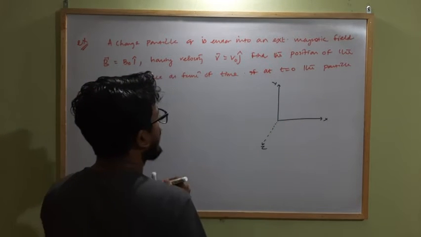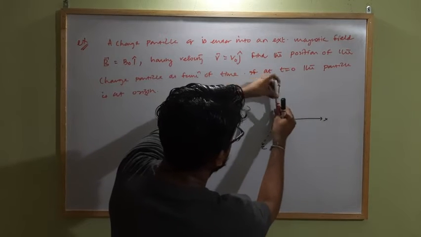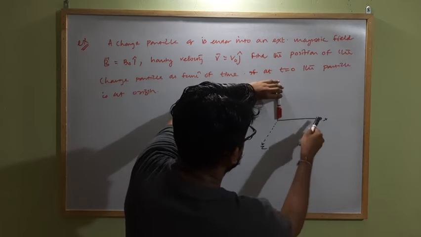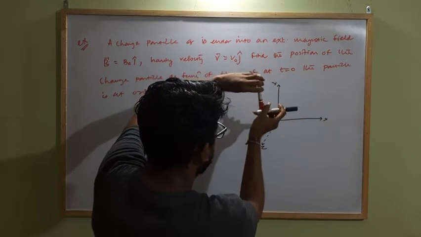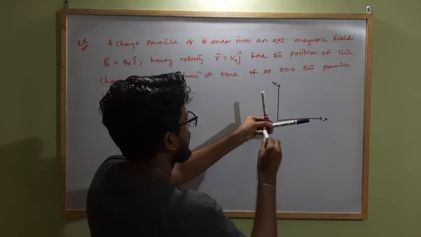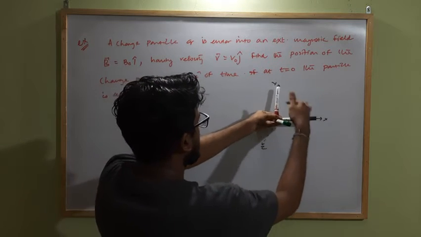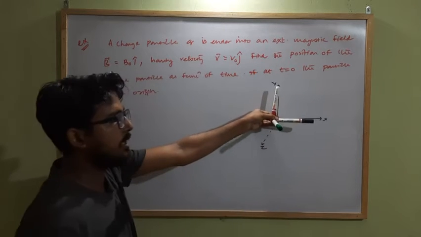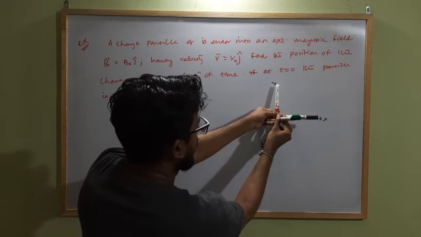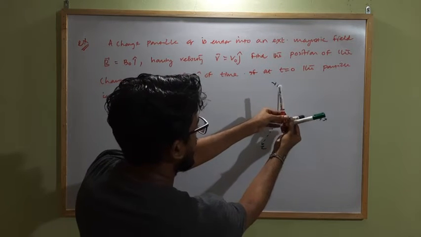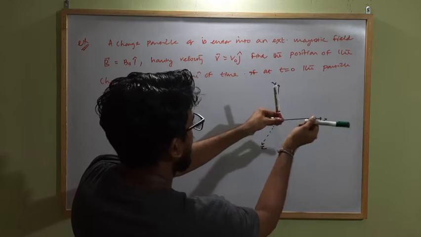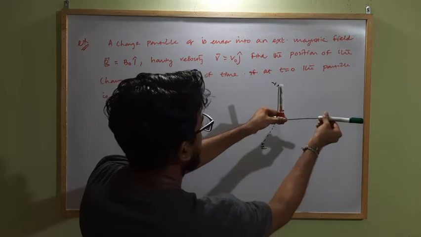So now if I rotate this coordinate system about the y-axis by 90 degrees anti-clockwise, then the x-axis will be like this, y-axis is like this, and the z-axis will be like this. Generally we are taking it like this. So now I am rotating the coordinate system about the y-axis by 90 degrees. So the x-axis goes inward, the z-axis will be towards right.